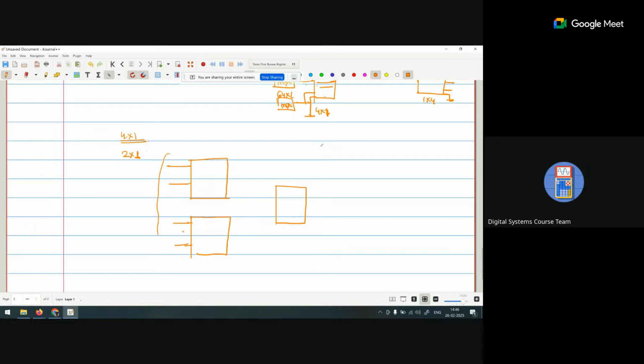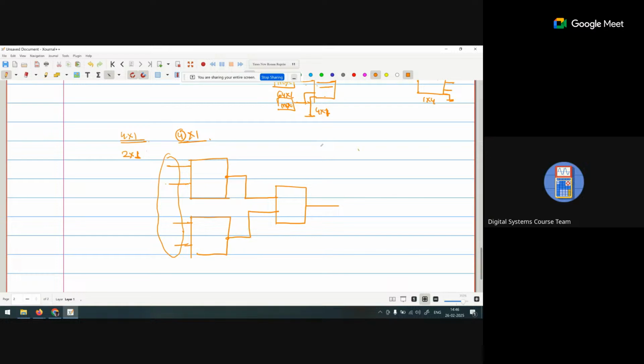So how many input lines are required? 4 input lines, with 1 output line, which means it is a 4x1. Clear? Yes, sir. Now this is the output line. Again, we use this as an input for this one, and this as an input for this one. So now the 4x1 is complete.